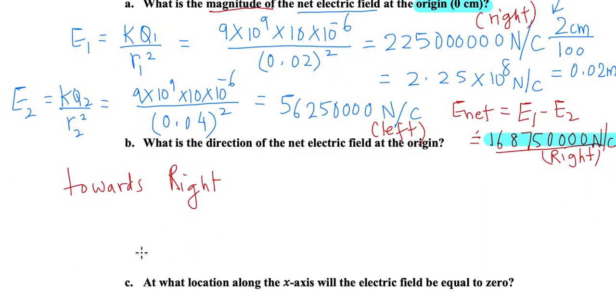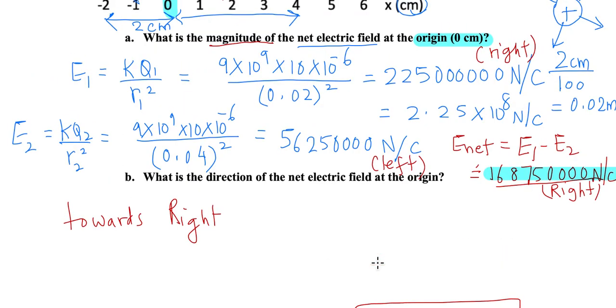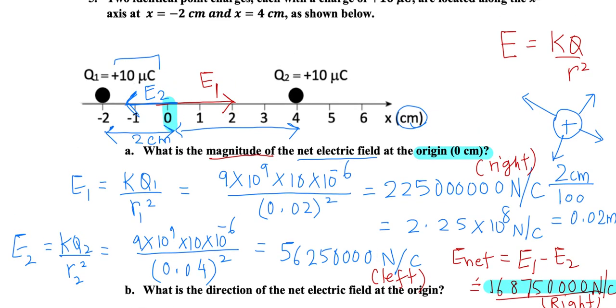Next, it's asking at what location along the x-axis will the electric field be 0. So we want to find on this x-axis where the electric field will be 0. So E net should be equal to 0.